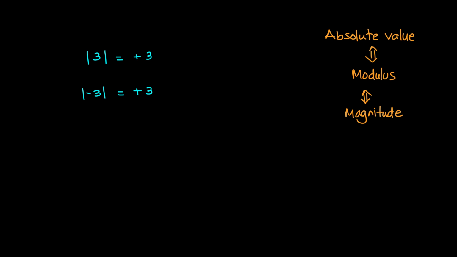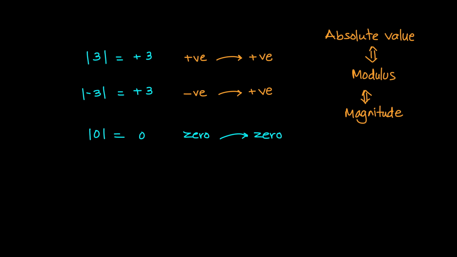What it means is that a positive number remains positive, but a negative number also becomes positive. What about 0? 0 is neither negative nor positive. Magnitude of 0 is 0, so 0 remains 0. That means whatever comes out of the modulus sign will be either positive or 0. So these are the two possibilities that come out of the modulus sign.